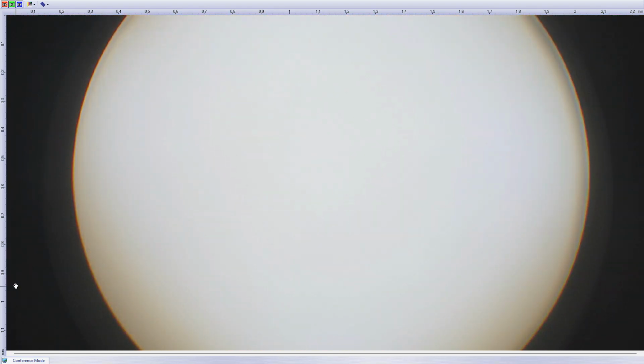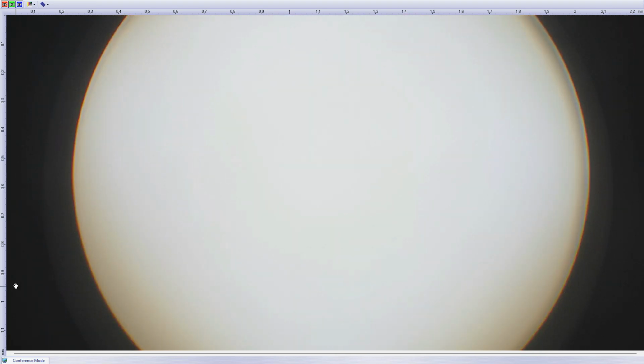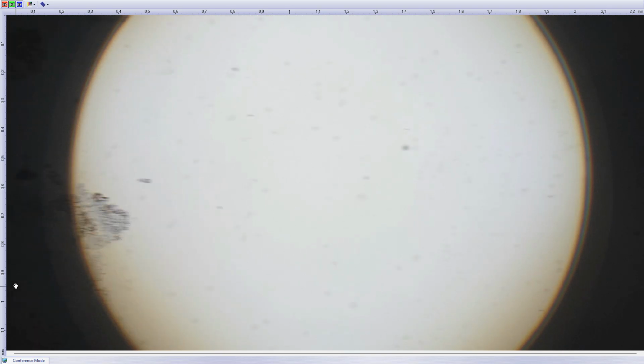Okay, and then the last immuno which I would like to show you, not the two of them. This is P16. We are not interested, but we would like to see molecular, this MIB1.